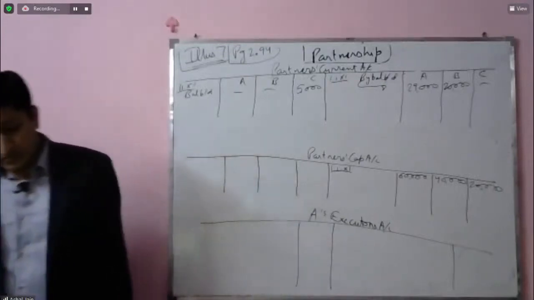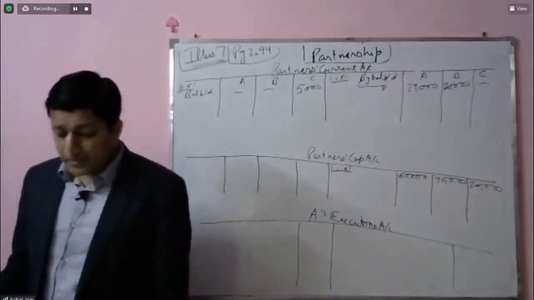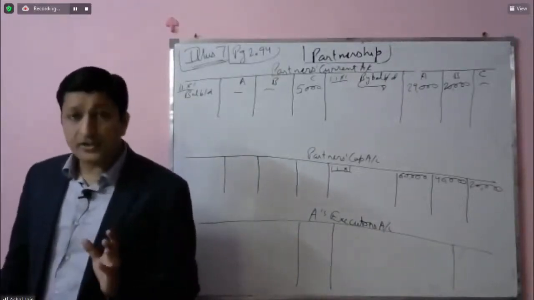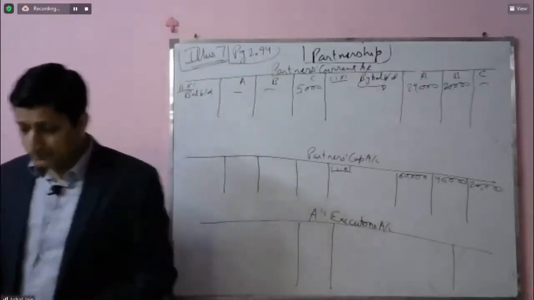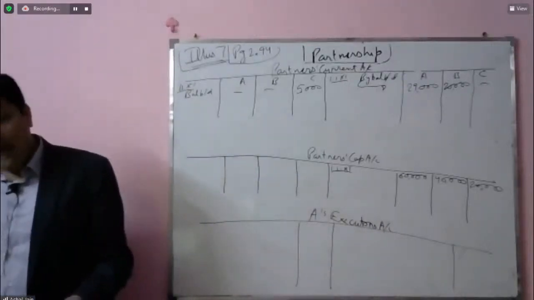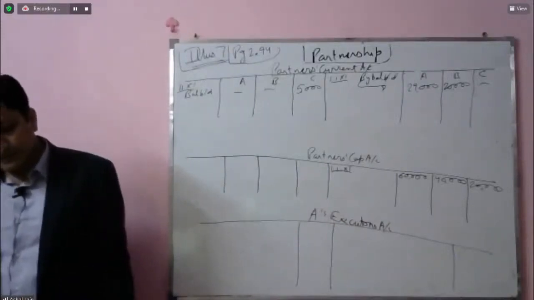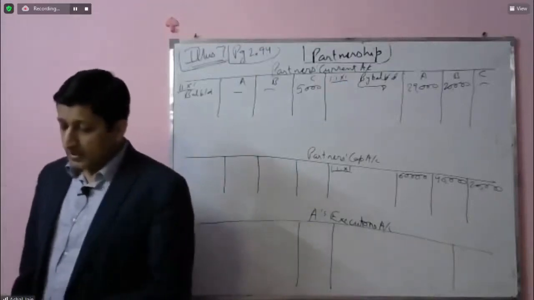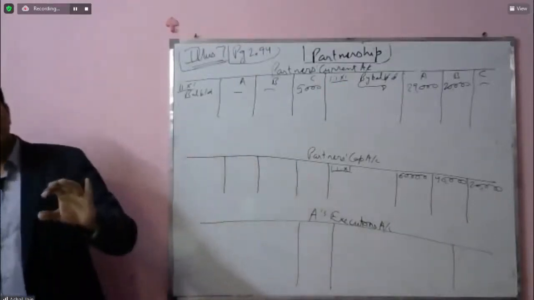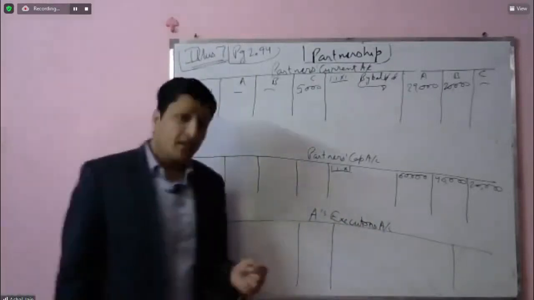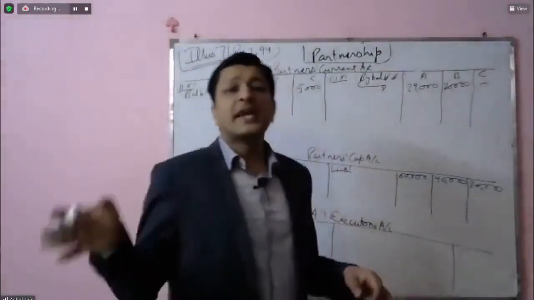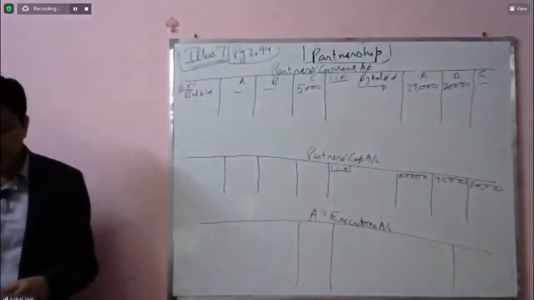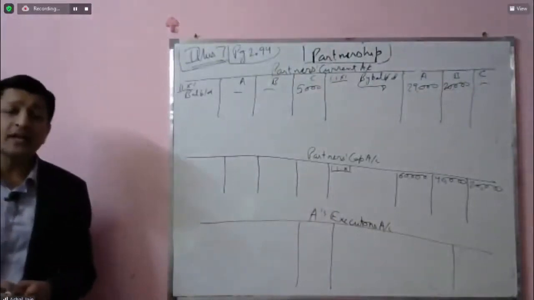Share of goodwill for all of these three partners will be what? 60,000 will go to A, B, and C in their profit sharing ratio. 30, 20, and 10. And after this, what will happen? This goodwill will have to be closed. Why? Because this goodwill will not be carried further. Correct? So this closure of goodwill will be done in the accounts of whom?